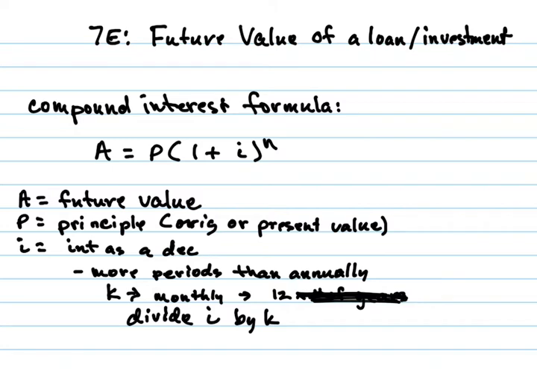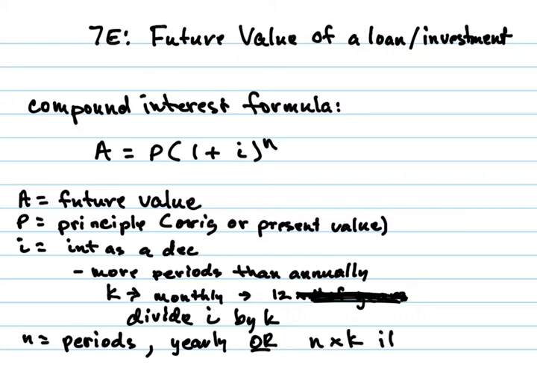Now n is the number of compounding periods, right? But again, it's either years if it's just yearly, or it's n times K if you have another period.